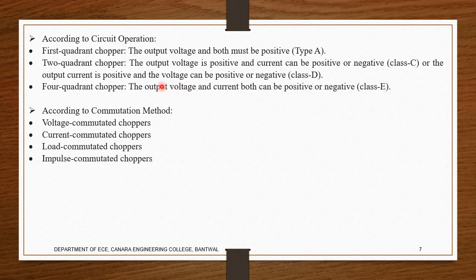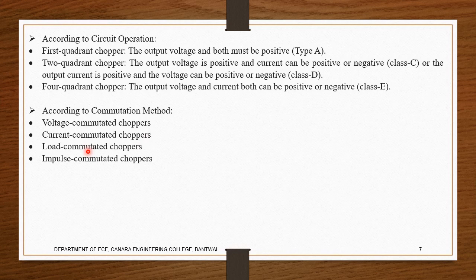And also we can classify according to the commutation method. Voltage commutated choppers, where the commutation is done by forcing the switch off. Based on the voltage we make it voltage commutation, or based on the current we make it current commutation.